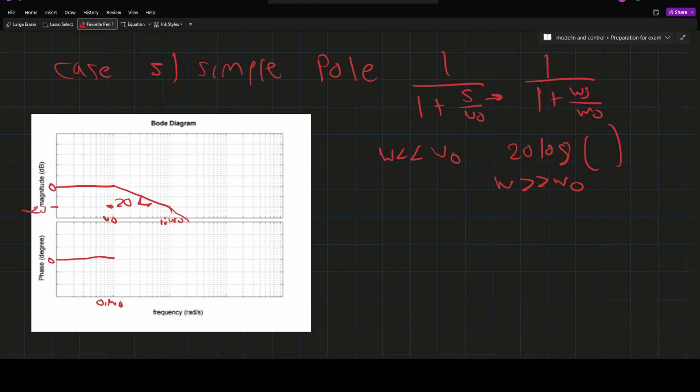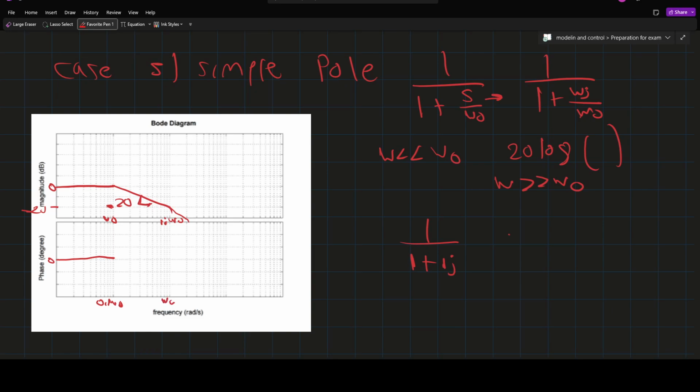And again, when these two are equal, we are going to have 1 plus 1j, so it's going to be 1/2. And again, when we have 1j, we get a negative angle, and this is again a 45 degree angle.